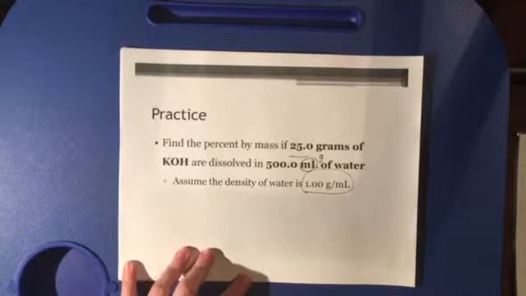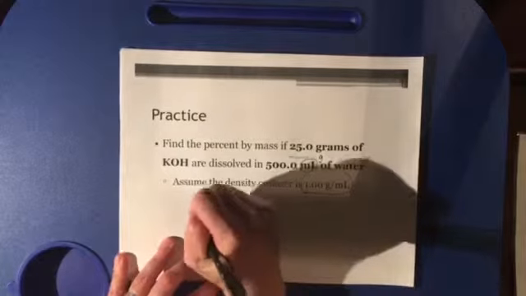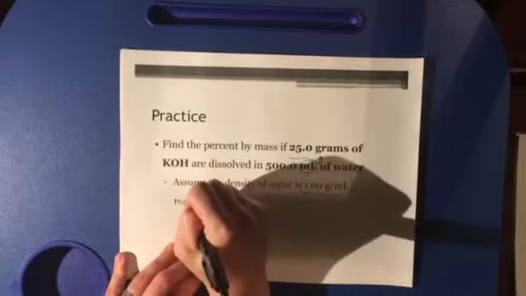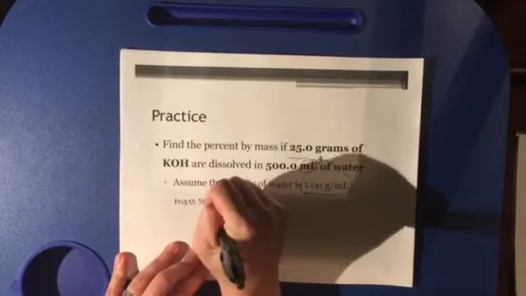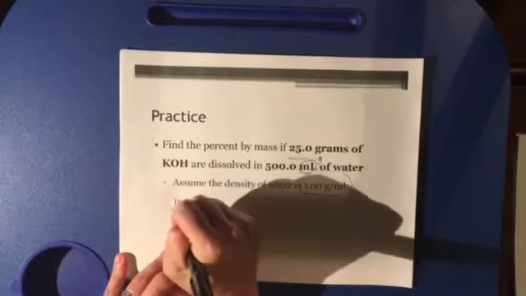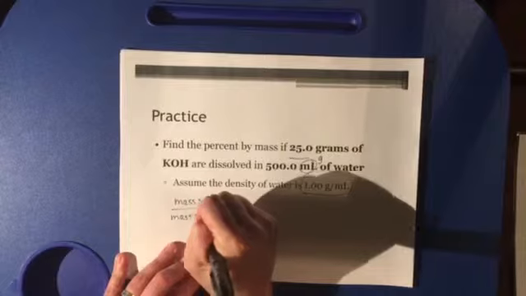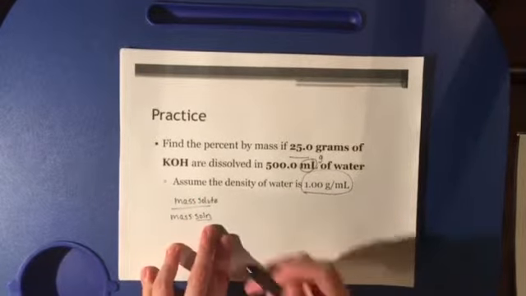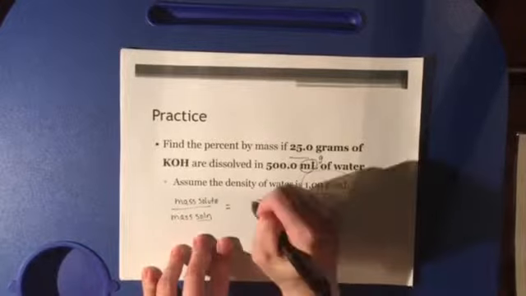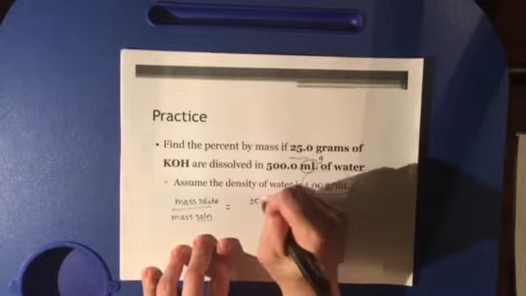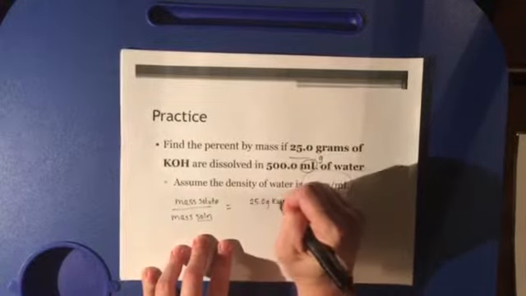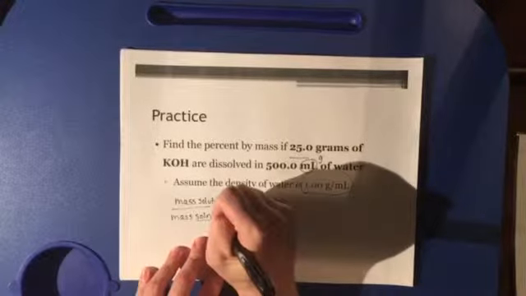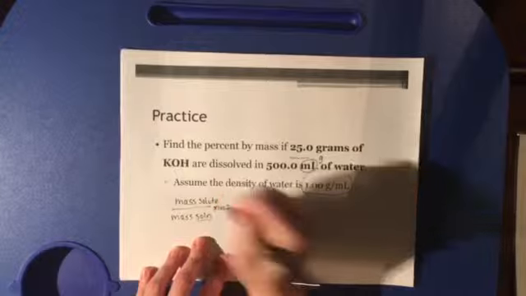And so here our equation is going to be the mass of the solute over the mass of the solution. And I'm going to usually abbreviate solution SOLN. So that's going to be 25.0 grams of KOH, and that's going to be this times 100.